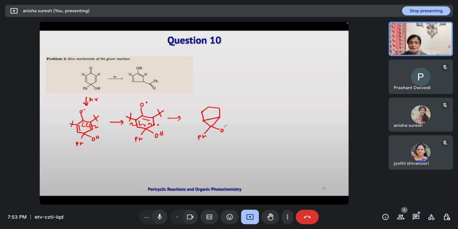And here the radical will be forming, O dot. Then it will form a zwitterionic intermediate upon n to pi star excitation. So once it is coming from pi star to n, that is demotion, it will lead to formation of zwitterionic intermediate, O minus and here a plus.